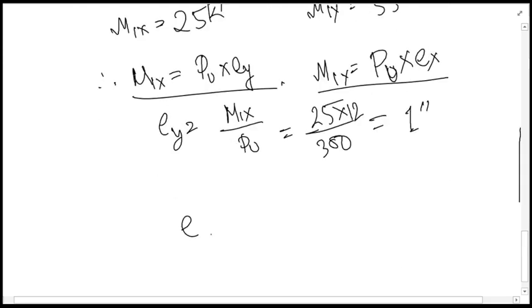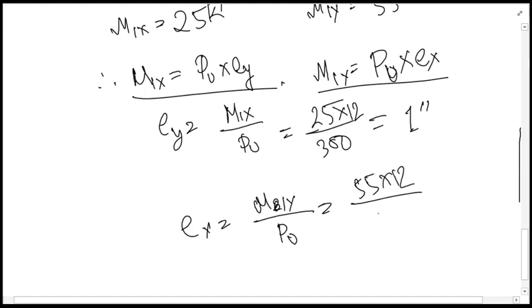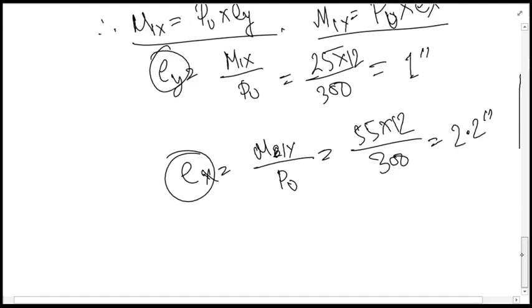And also for EX, you calculate 55 multiplied by 12 divided by 300, which will give you 2.2 inch. So EX and EY we have already obtained from this calculation. Now we will be applying the reciprocal method.